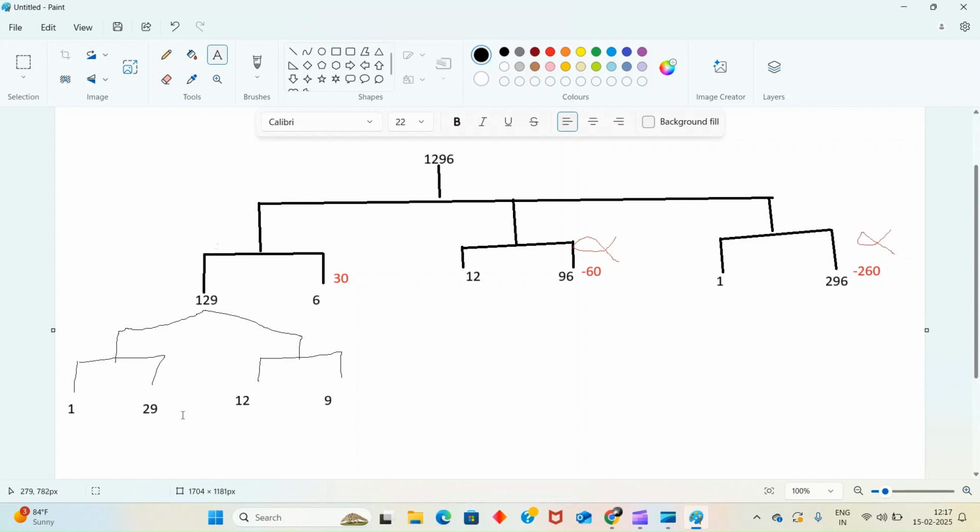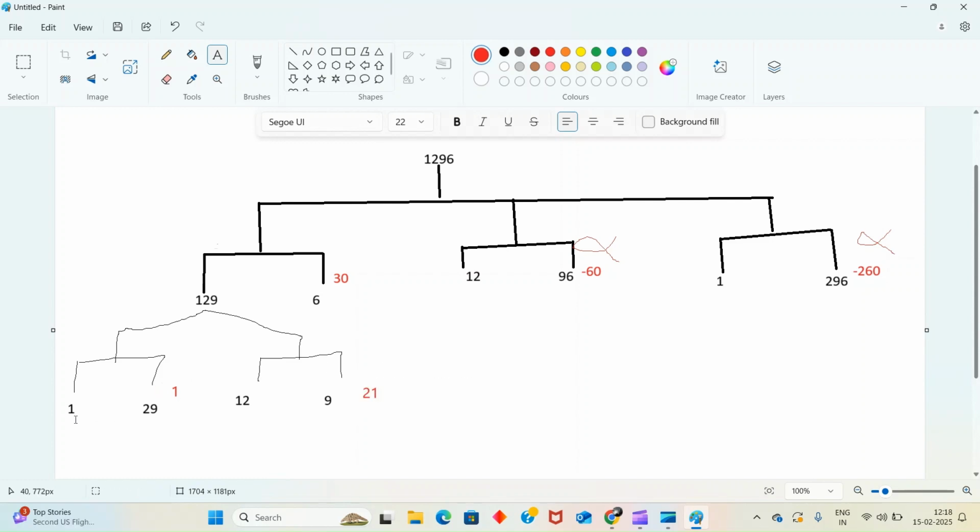Instead of the sum, what we will do is 30 minus 29, which is 1. Here it is 1. And again 30 minus 9 is 21.